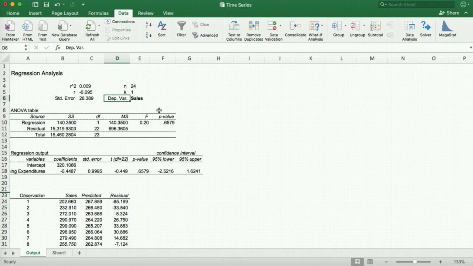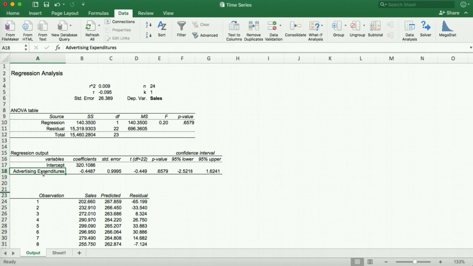And here I've selected sales as the dependent variable. Now, similar to simple linear regression using Excel, we have the following values. Again, I have here the y-intercept and values involving the slope for the independent variable for advertising expenditures.